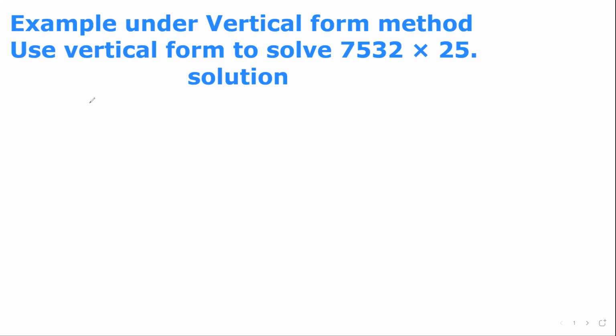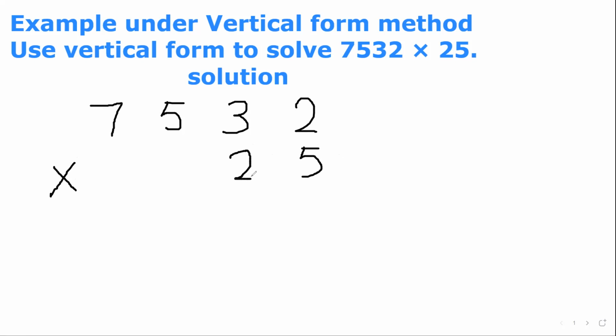You have the 7, 5, 3, and 2 multiplied by, you write from the back, 5 and the 2, which is the 25.